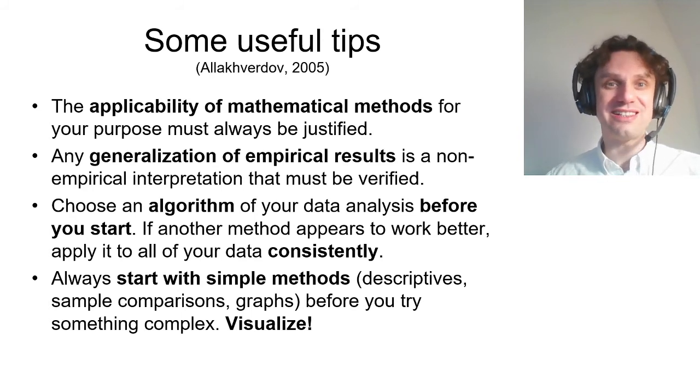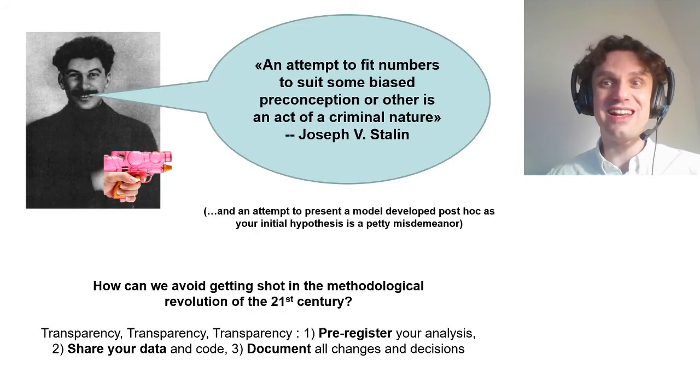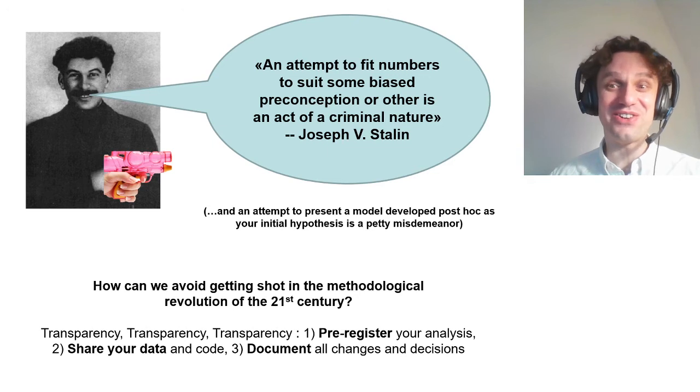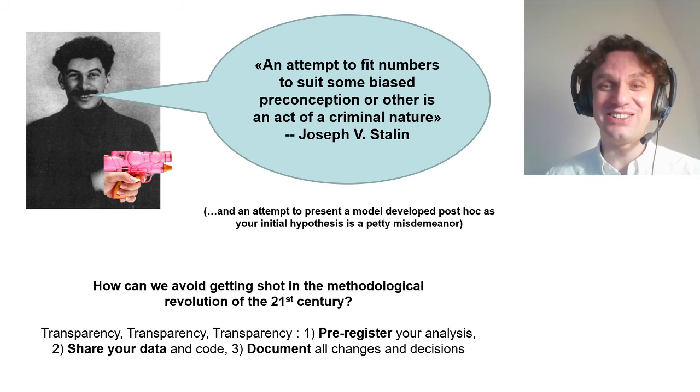And also always start with simple methods and then proceed to complex ones. These appear to be very intuitive, but unfortunately in psychology there are so many people misapplying statistical methods that one can't help but remember this old phrase by Joseph Stalin, who said that an attempt to fit numbers to suit some biased preconception is an act of criminal nature.